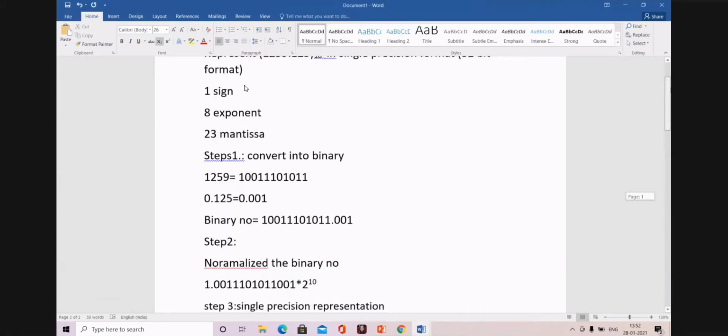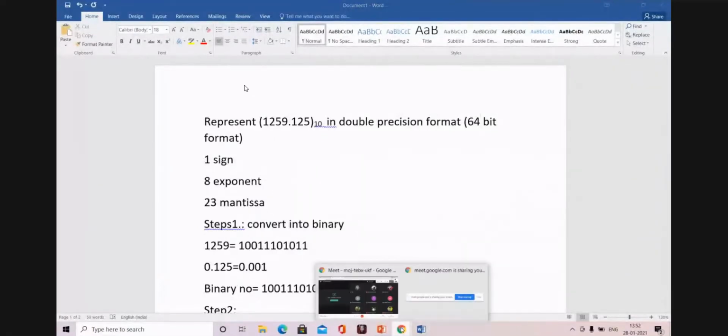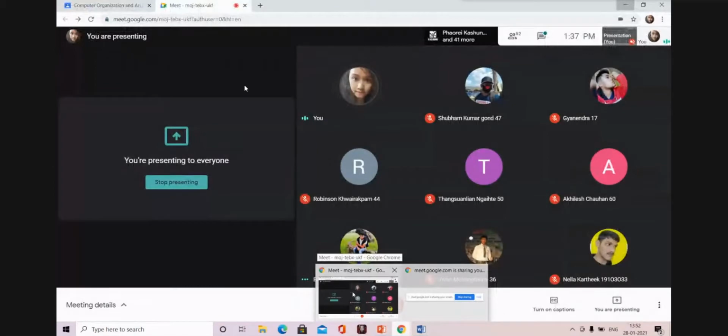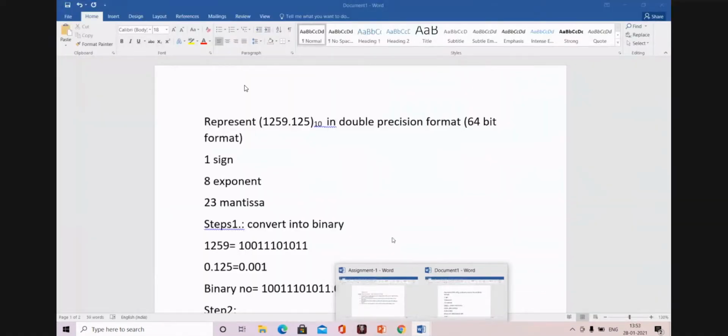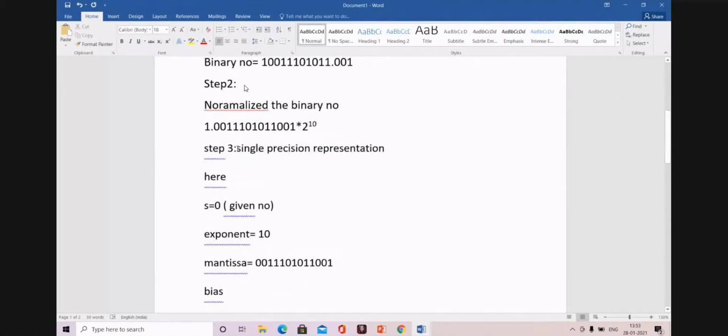How will you represent it in double precision format, that is in 64 bits? So for the double precision format, what you have to do is take the same steps, the same steps as before.